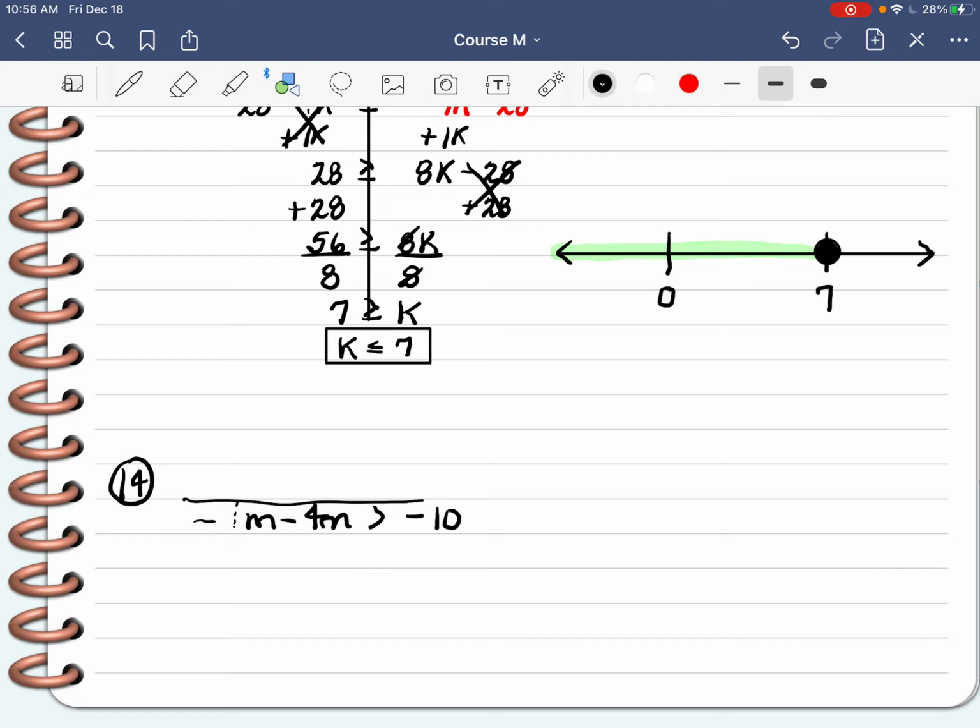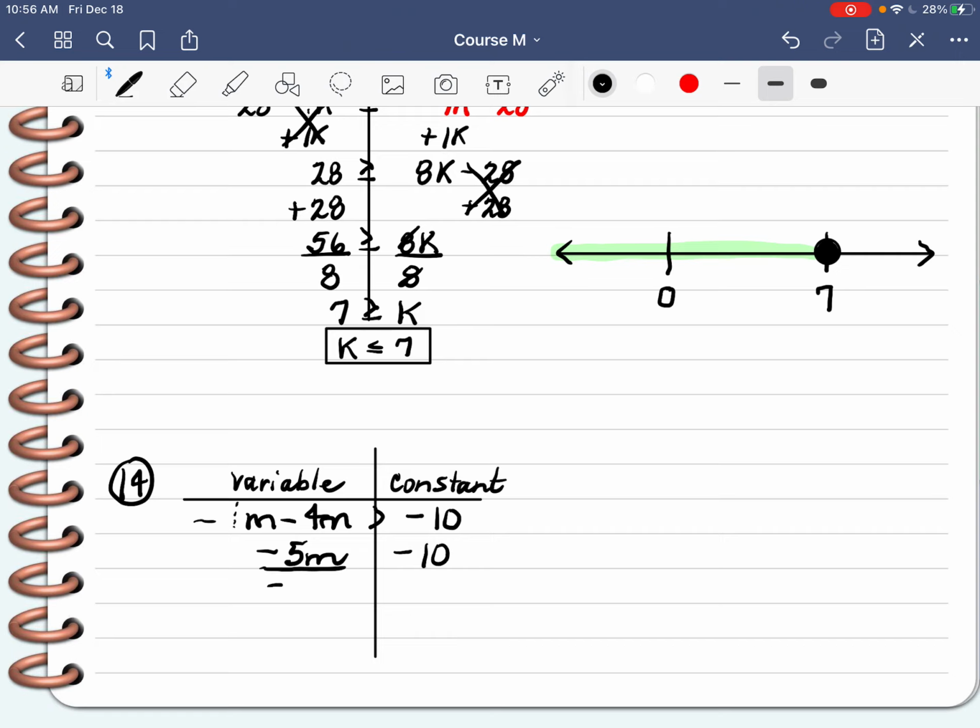No parentheses this time, so I can go ahead and draw. I don't even have to worry about the boss variable because they're both on the same side. I do need to combine them though to get a total of negative 5 m's. And then the constant is over here.